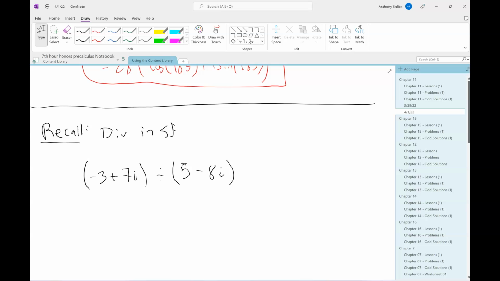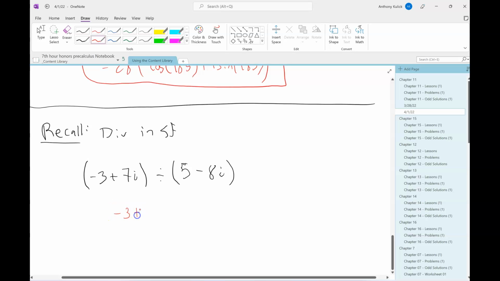So if we have two complex numbers that are being divided, like negative 3 plus 7i divided by 5 minus 8i, the way that I like to think about this is really as a division problem as a fraction.